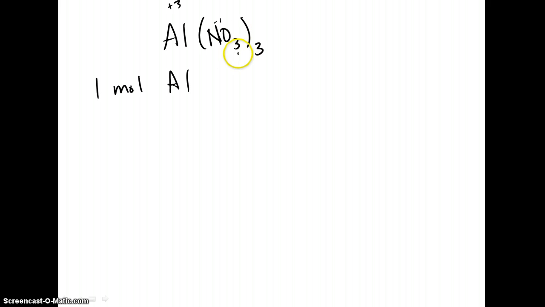This 3 applies to all of these in the parentheses. It does not apply to the aluminum. So in that case, I have 3 moles of nitrogen. And I have, in this case, 3 times 3, so 9 moles of oxygen. And then I find the molar mass of all of them, and I can add them up. So that's how I would break that down. And that ends our lesson on molar mass.